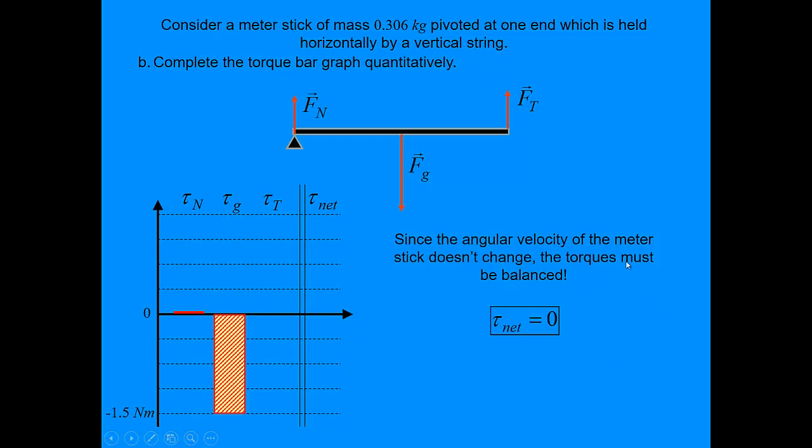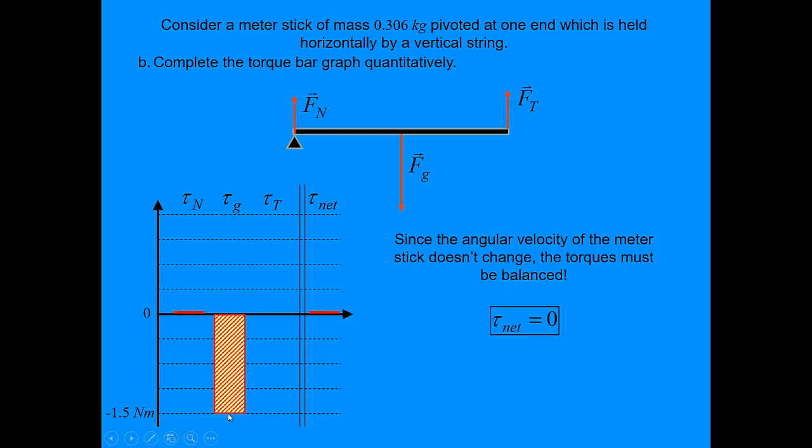Does that look like something we've seen before? Yeah, it looks like Newton's first law, right? So this is like Newton's first law here. The torques are balanced, so that means the net torque is 0 because the angular velocity doesn't change. Well, if the net torque is 0, then that means the torque due to the tension has to balance out the torque due to gravity.